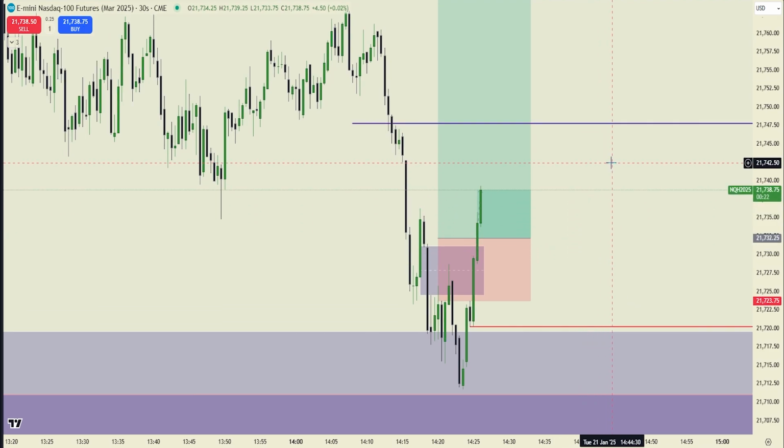Okay. Once we hit this VI, that's where I'll go stop to break even, I think. Obviously, this is technically the break even here, but it's kind of close. All right, I'm going to go break even there.